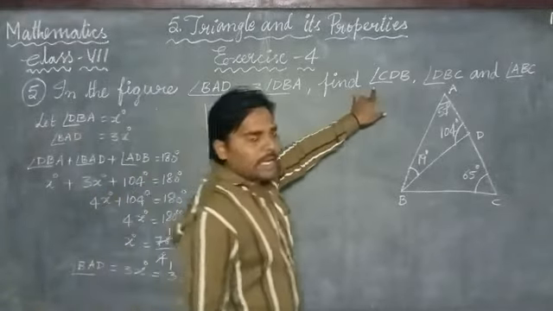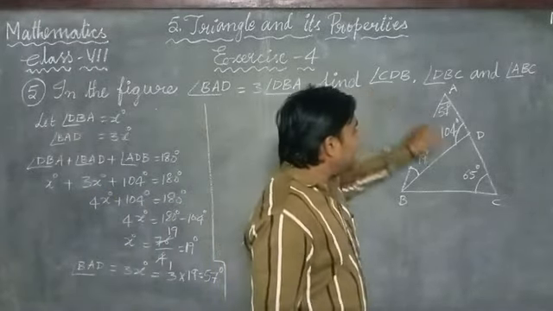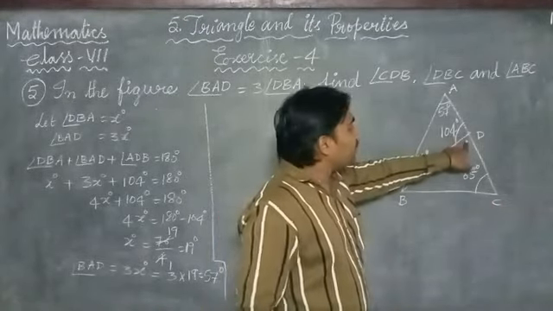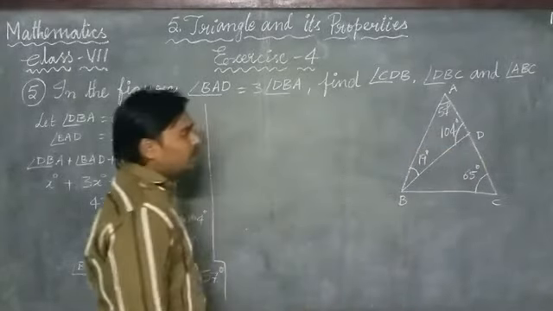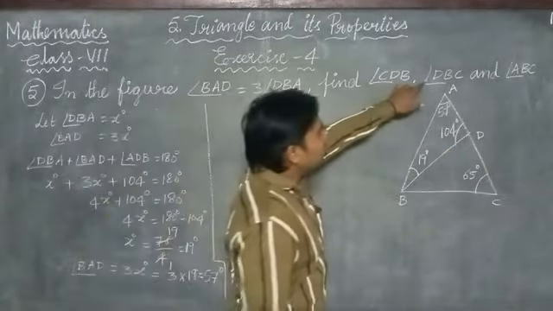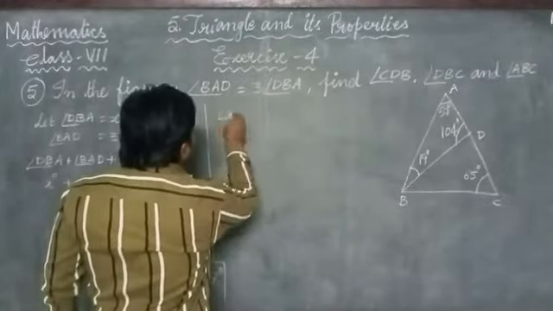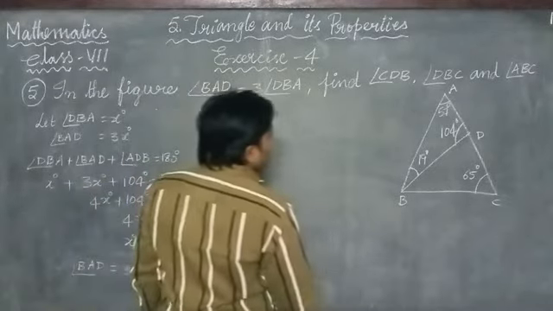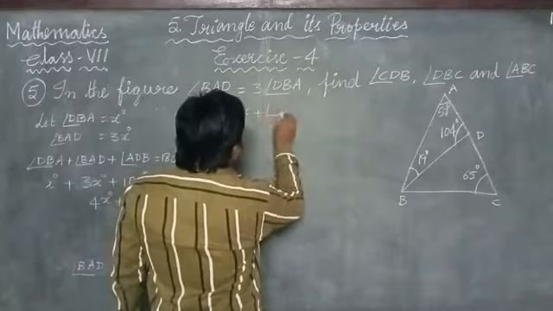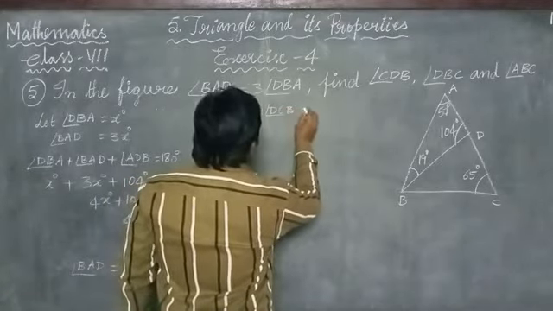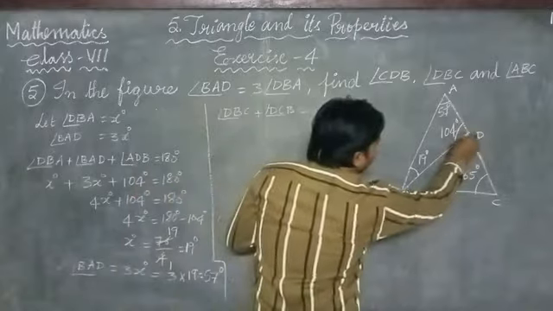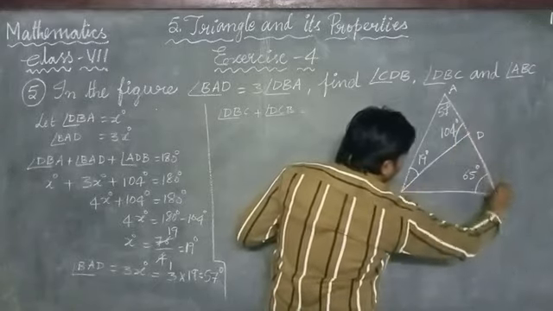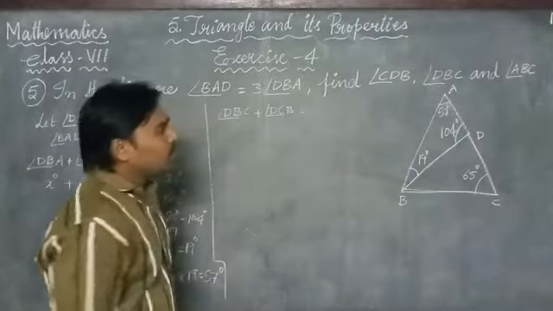Now let us see angle CDB. Here the angle at D we have to find. Before that, we find angle DBC. Angle DBC plus angle DCB equals, from the exterior angle property, 104 degrees.